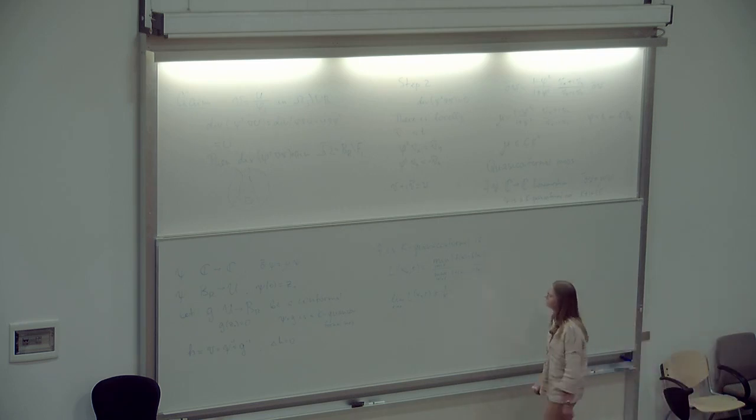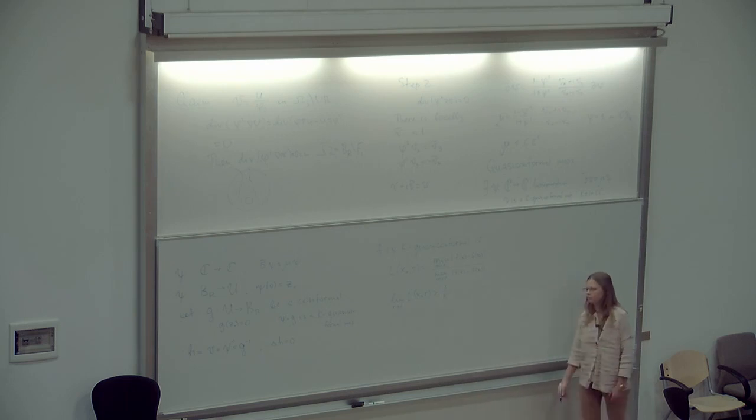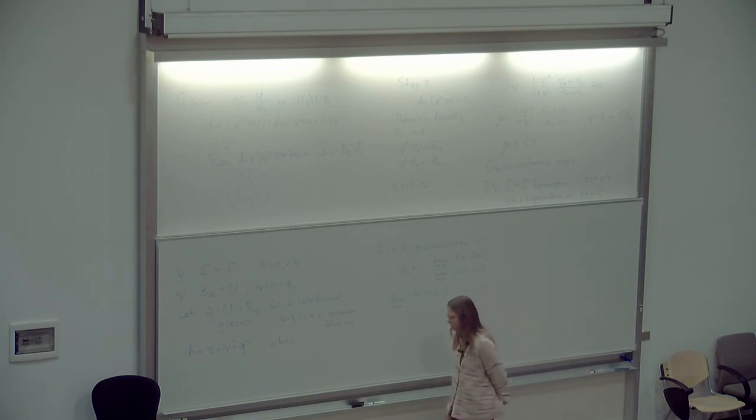If you look at the image of a small ball around your point, the distances could change, but the ratio is bounded by k. You have an ellipse where everything is happening.